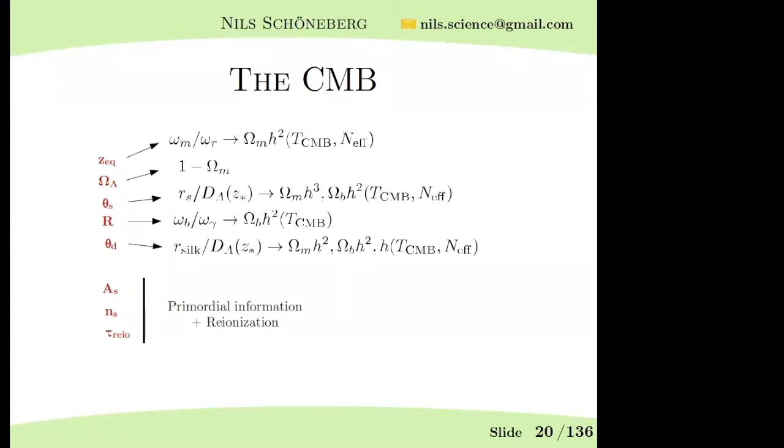It's some potential times 1 plus R. So this ratio of even to odd peaks actually gives you almost a measurement of the ratio of baryons to photons, which guides the strength of the fluctuations. And this gives you indirectly a measurement of the baryon abundance if you assume some fixed photon temperature.